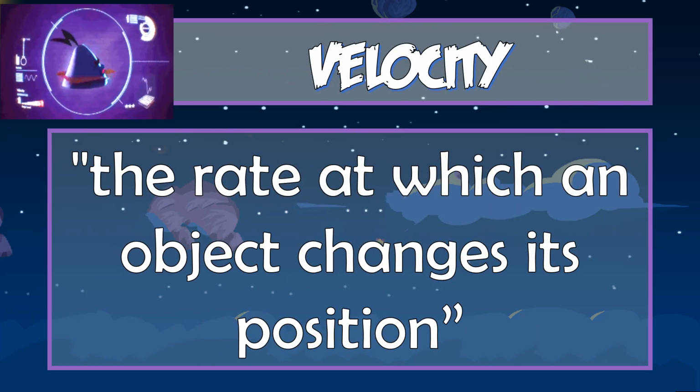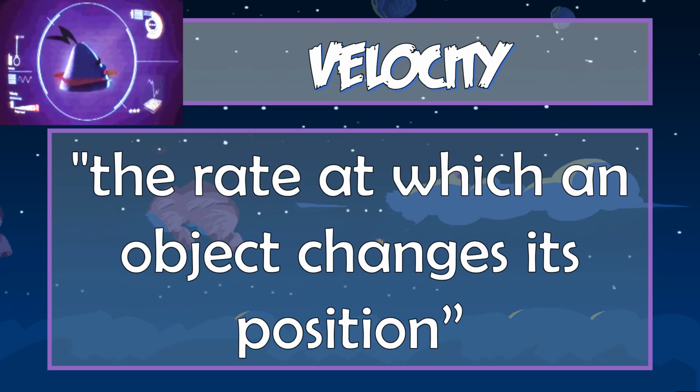Second is velocity. Velocity is a vector quantity, so it has a magnitude and a direction as well. It is defined as the rate at which an object changes its position. Comparing velocity and speed, velocity has either positive or negative values, while speed has only positive values.